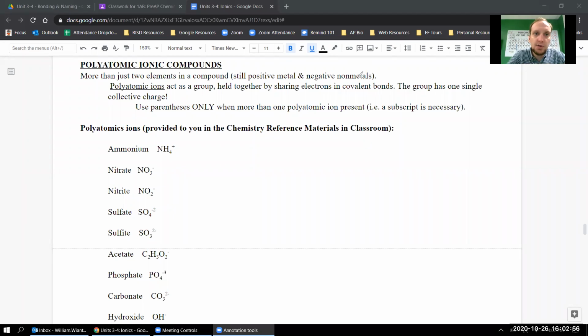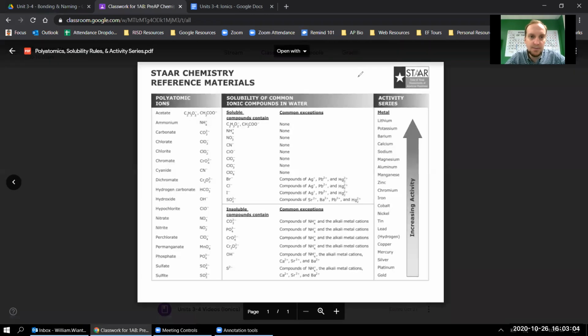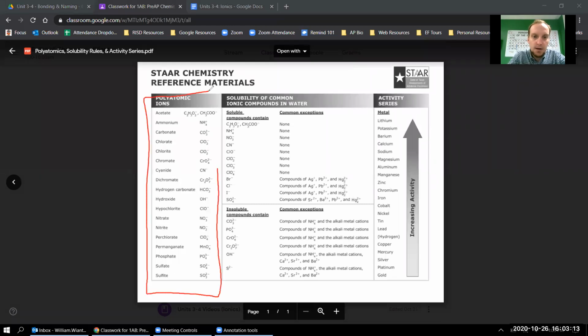I do want to really quickly show you that you have access to all these polyatomic ions. Here's your Google Classroom. If I open up this bottom one right here, it says Polyatomics, Solubility Rules, and Activity Series. You will notice that you have all of them right here. Again, you have access to this on every quiz and test.